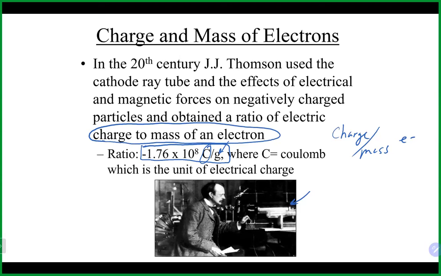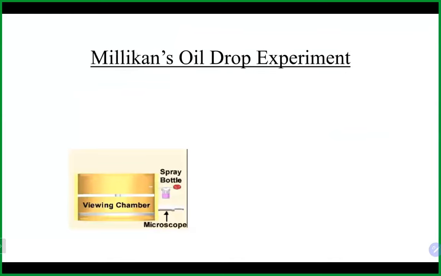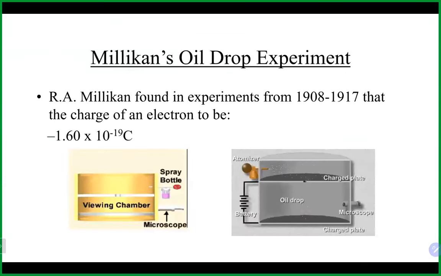And the next important experiment that complemented Thomson's experiment was one done by Millikan. Millikan did what is referred to as the oil drop experiment. What he was able to do is take oil droplets, send them into this chamber, and atomize them. And as a droplet of oil would start to drop, it would gain a charge.